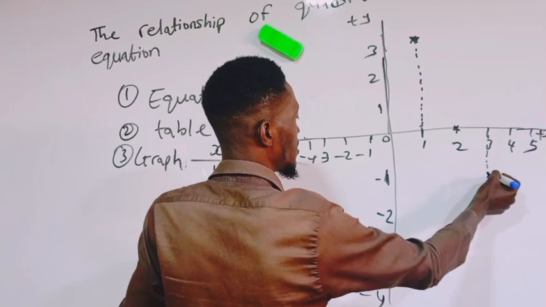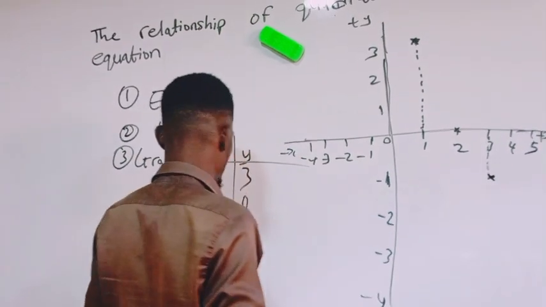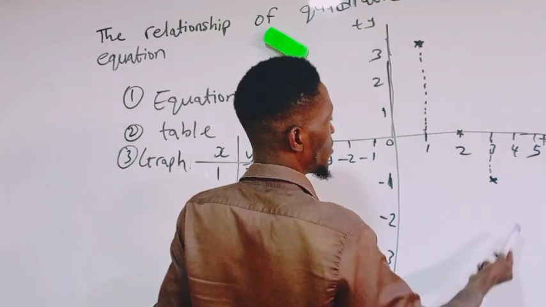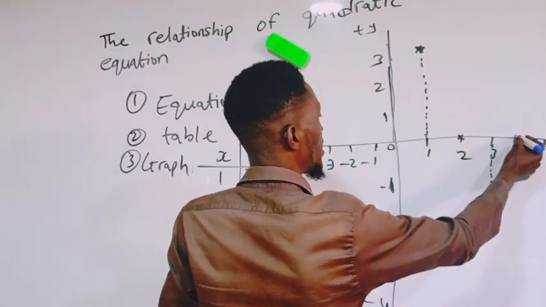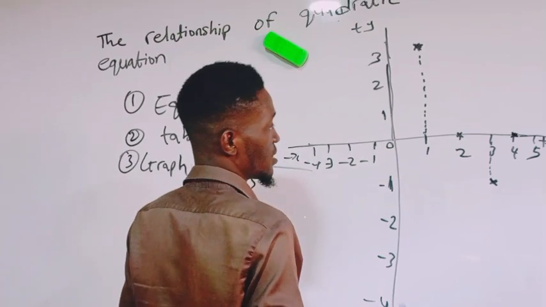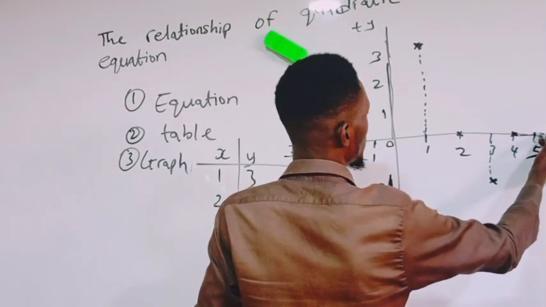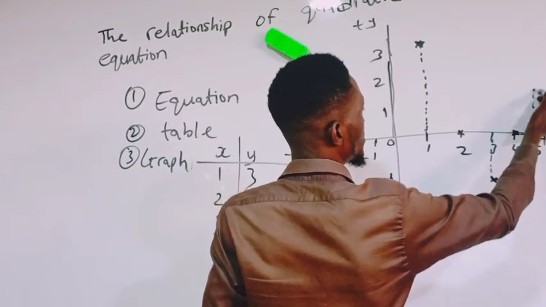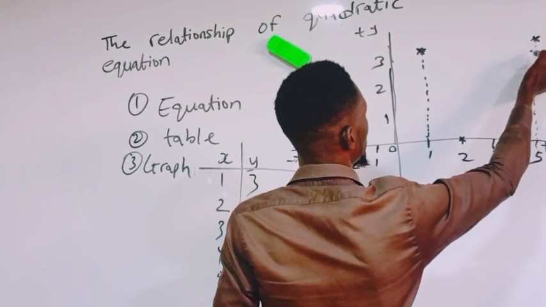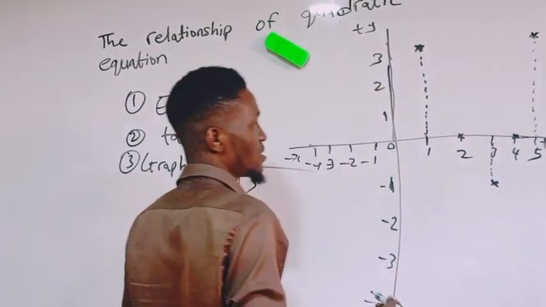When x is 4, y is 0. And when x is 5, y is 3, so let me take it up to 3. So we are expecting this parabolic shape.